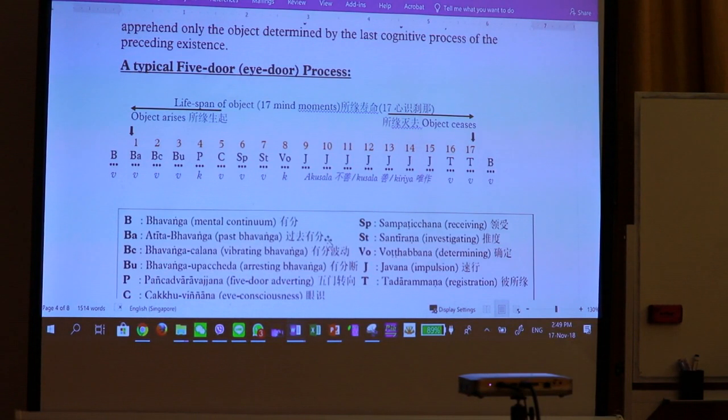Actually, the original object is desirable, but according to our view, according to our perception, it can be changed.